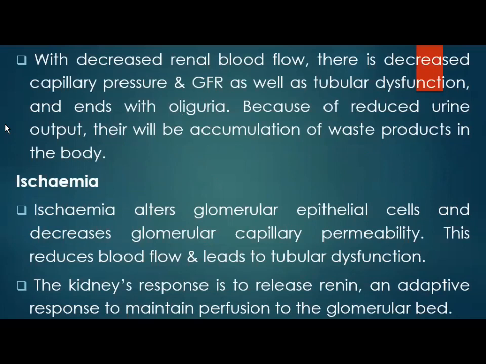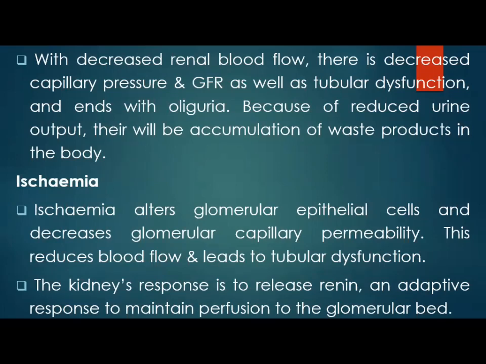With decreased renal blood flow, there is decreased capillary pressure and glomerular filtration rate, as well as tubular dysfunction, and it ends with oliguria. Here what we're saying is there's reduced blood coming to the kidneys, so there will be decreased capillary pressure, reduced blood pressure in these capillaries.